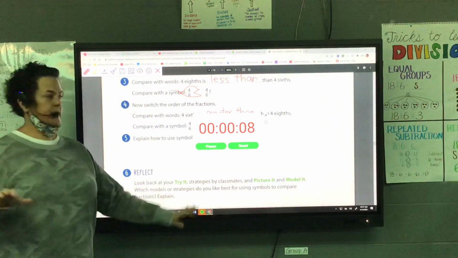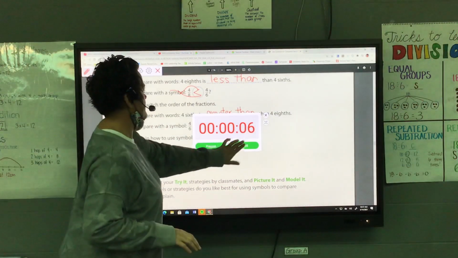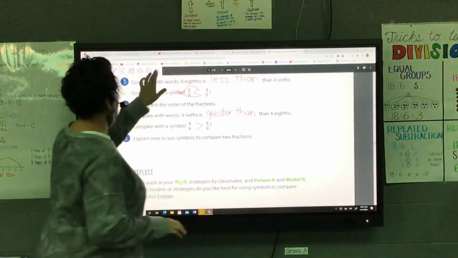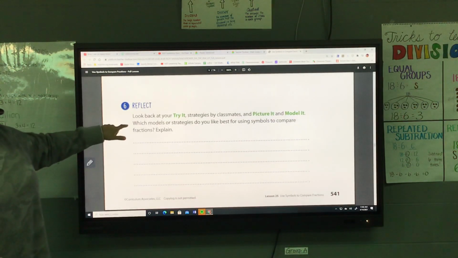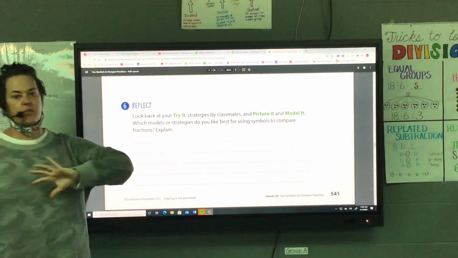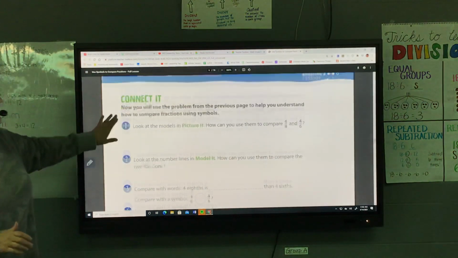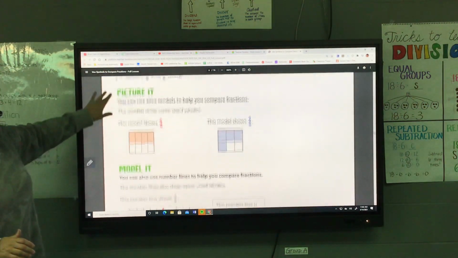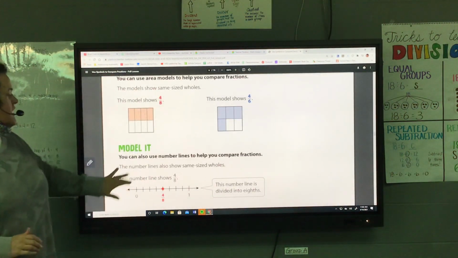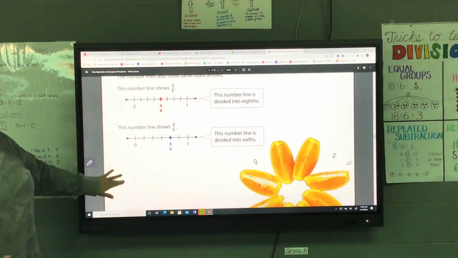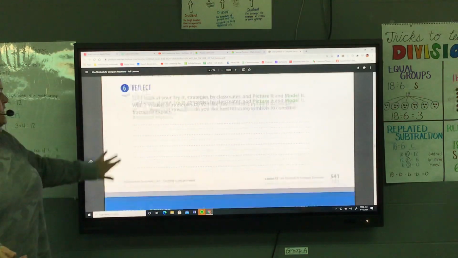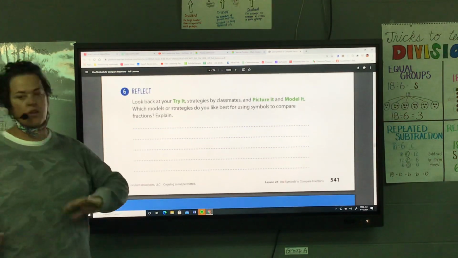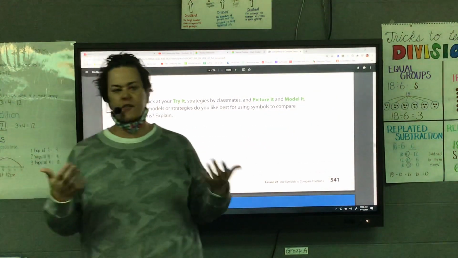Okay, everybody finished up? All right, so now thinking back to the models that they show, so like the models here, the number lines, do you have a way that you prefer one over the other to help you compare fractions?